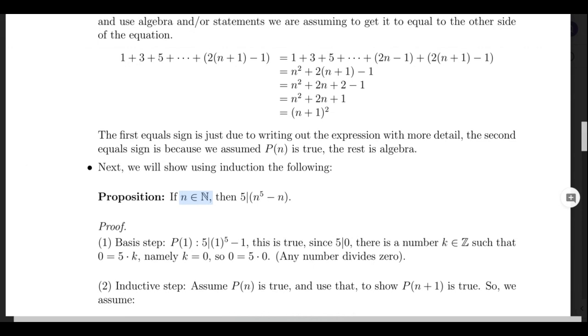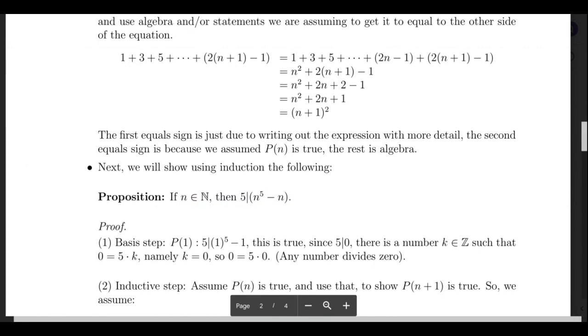So the second step is to assume it works for K. Normally we use K, we don't use N because it's kind of confusing. In the proposition, it's N. Then in the proofs, usually we don't use N anymore. We just use K. So the second step is to assume the proposition is true for K. Of course, K is a natural number.